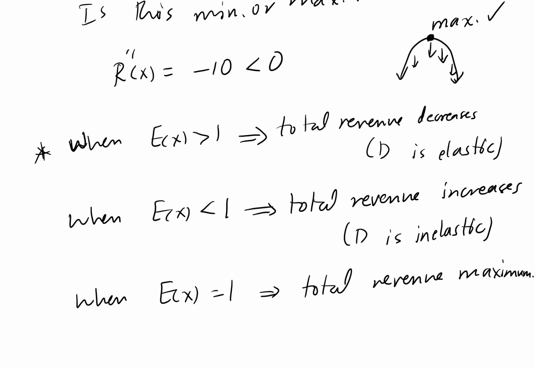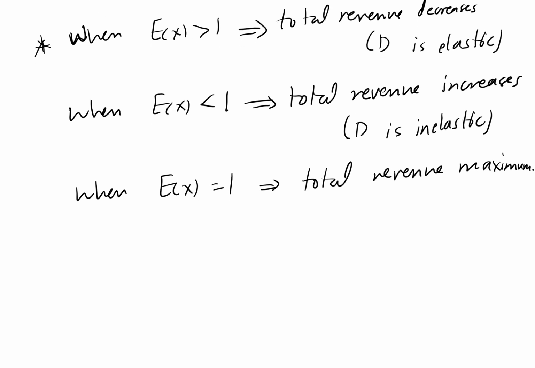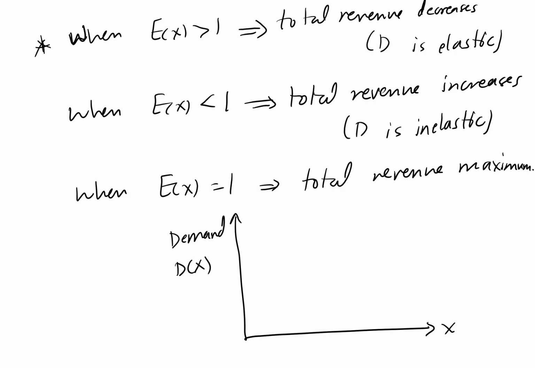Good to know. So I can graph this. This is x, the price, and this is the demand, D of x. Assume this is x and this is a function D of x. So when we project this up, that's when E of x is 1.